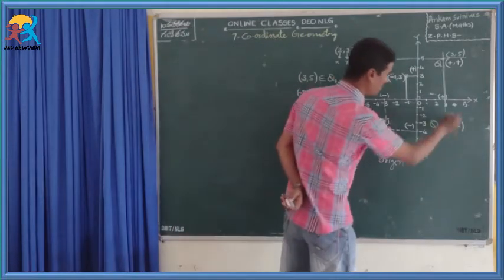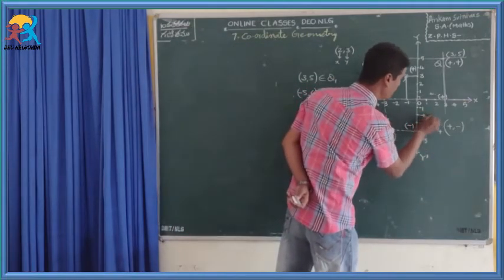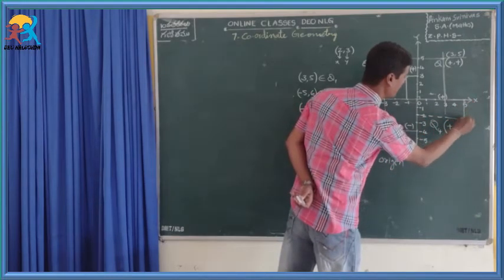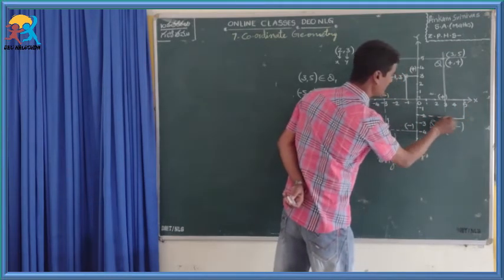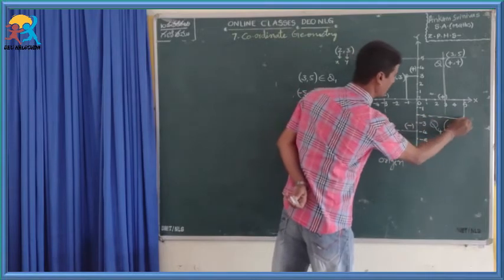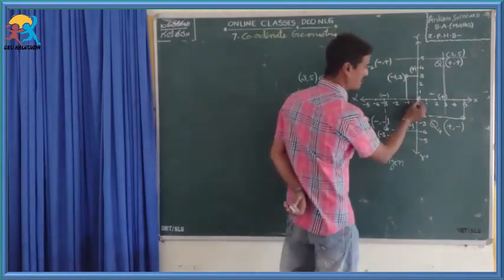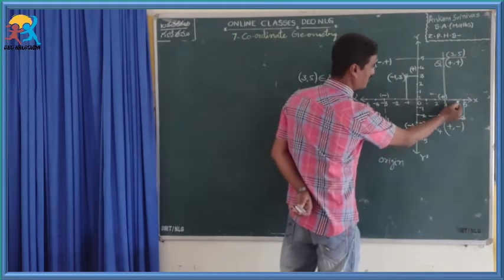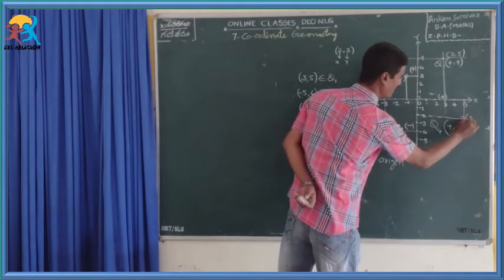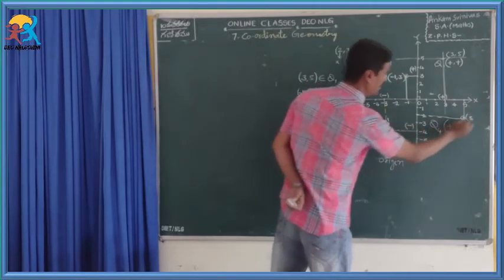Now, can you name this point? What are the coordinates of this point? On the x-axis, 1, 2, 3, 4, 5, and on the y-axis, minus 2.